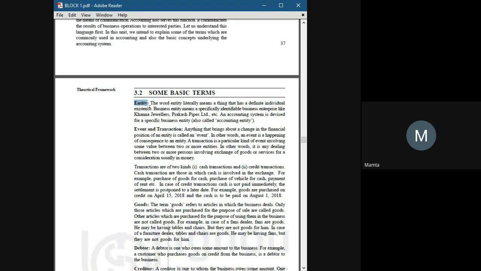Your business acts as an artificial person, and you can sign or purchase or sell land and building or assets in the name of your company, and that is known as entity. Every business has a separate legal entity. Business is different from its owner.